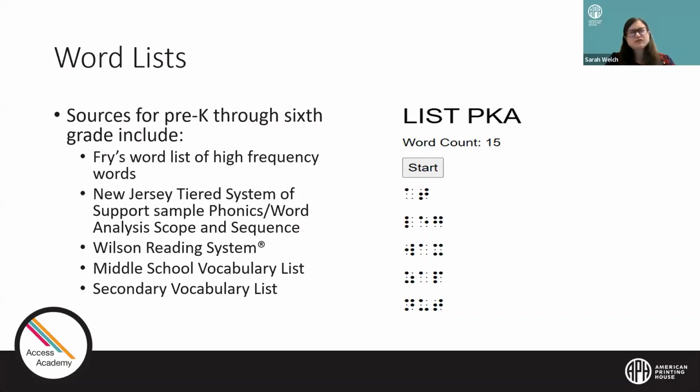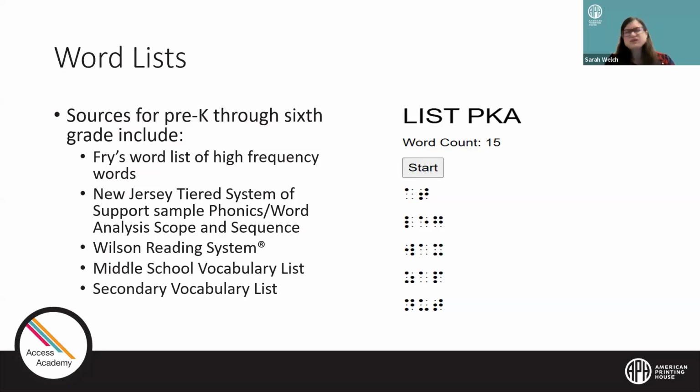Our example screenshot is PKA, pre-kindergarten, and it tells us the word count is 15. Like our reading exercises earlier, you'll also have a place to click start, a place to end, and then calculate how many you got.